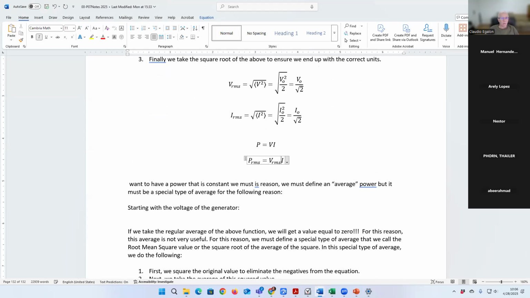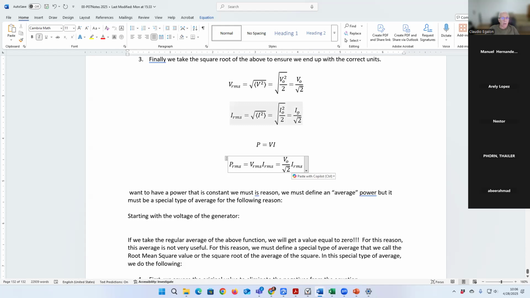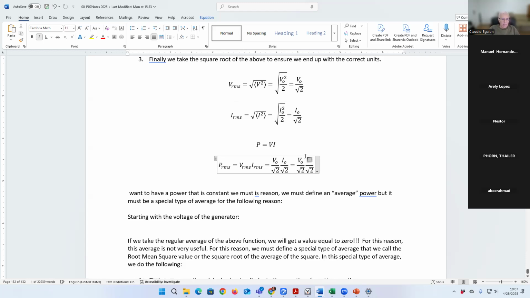We get RMS for the voltage, RMS for the current. And then we just substitute each one that we have right here, and we have V naught I naught divided by the constant 2.